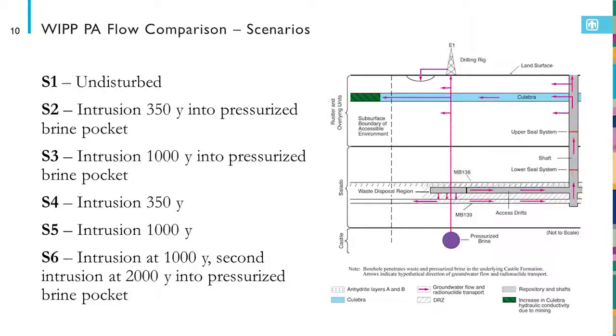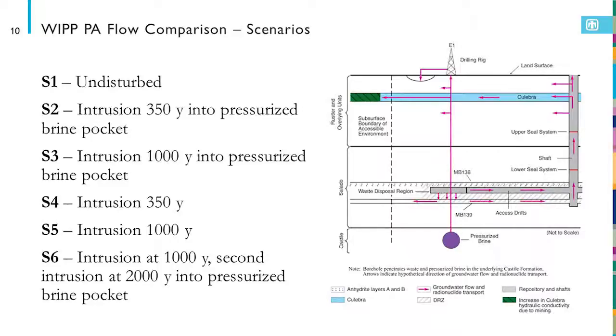And then this particular scenario considers the possibility of human intrusion by somebody drilling directly into the borehole. And so the potential paths for radionuclide release in this scenario are simply through the repository to the shaft. Up the shaft could go to the surface, but what we'll actually consider is that it could go into an aquifer, the Culebra, that lies above the repository and enter somebody's groundwater that way.